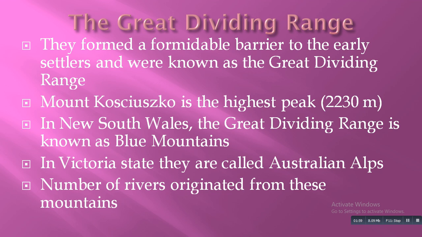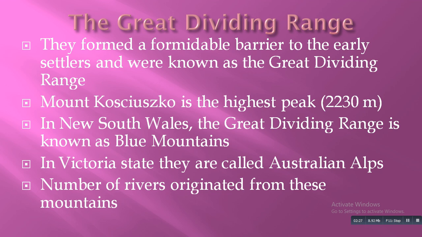Earlier, the original ranges consisted of folded rocks, but ever since they have been subjected to weathering and erosion. Their surface is more like a plateau sloping towards the Pacific Ocean. Mount Kosciuszko is the highest peak in this Great Dividing Range. Its height is 2230 meters.